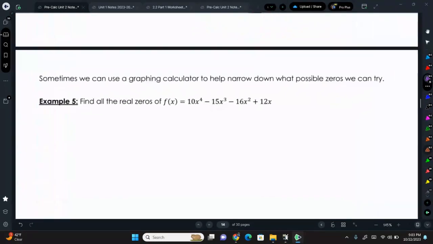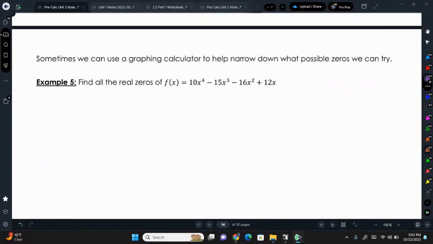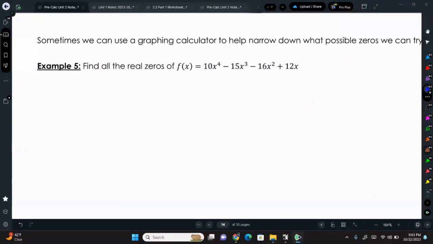All right, now this last problem on this page, we're not going to do it in class, but it's here if you want to see another example done. We're going to factor out an x. So when we factor, we have 10x to the third minus 15x squared minus 16x plus 12. So this one is going to have a lot of factors.